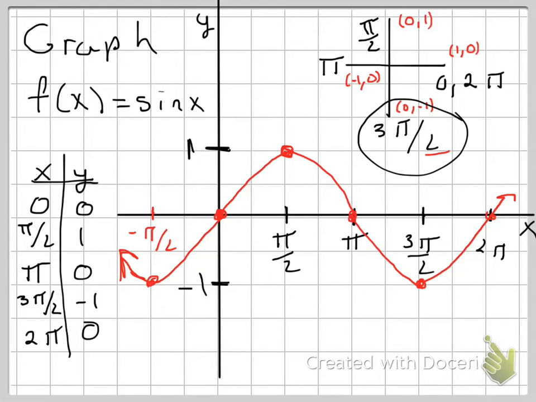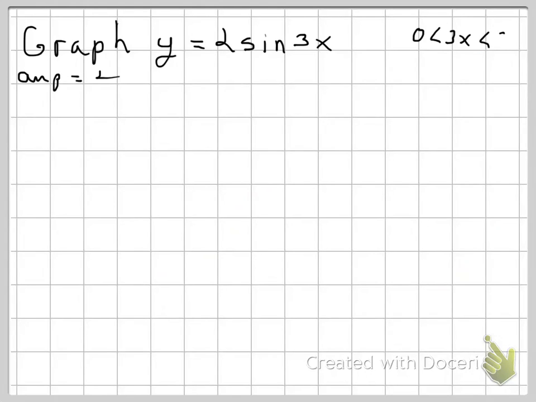Okay, so let's do another one, a little bit more stuff going on with it. So we're going to graph y equals 2 sine of 3x. Our amplitude is 2, and the sine curve repeats itself every 2 pi, so the argument is 3x, so we're going to squeeze that in there.